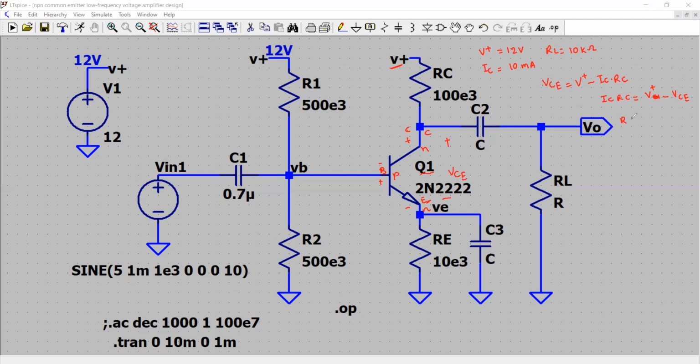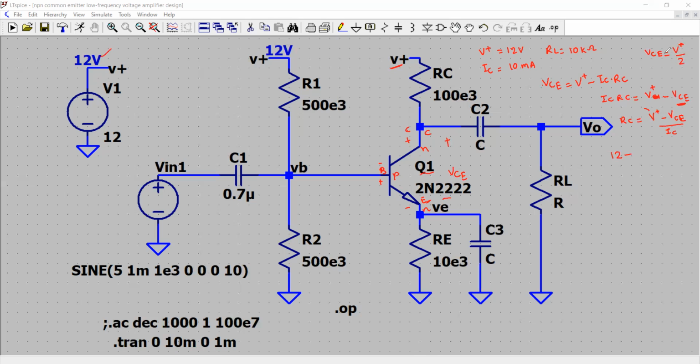Now, RC can therefore be chosen to be V plus minus VCE divided by IC. The value of V plus is known to you. For example, we are choosing 12 volt, and VCE is generally chosen as V plus by 2.